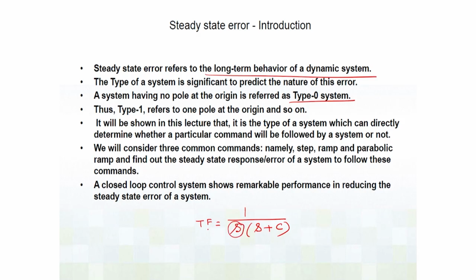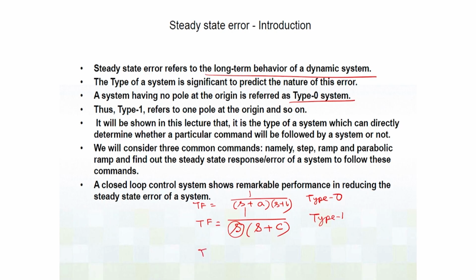This is typical of a type 1 system. So, if a transfer function is something like 1 over (s plus a) into (s plus b), that means it has no root at the origin. So, we will call it a type 0 system.